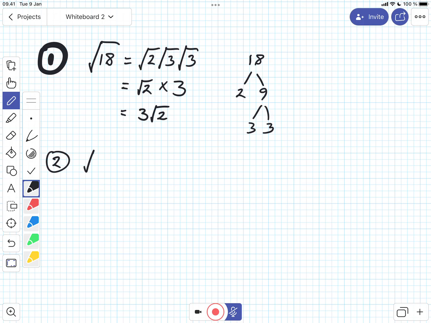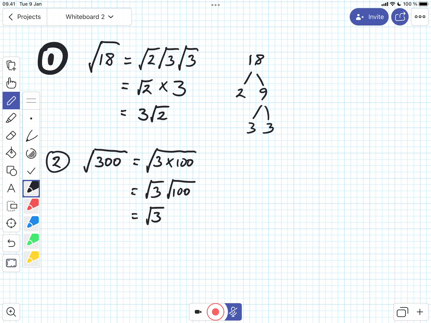So without even drawing a factor tree, the square root of 300 is the square root of 3 times 100, which you can write as the square root of 3 times the square root of 100. And of course 100 is a nice square number. 100 is 10 times 10.